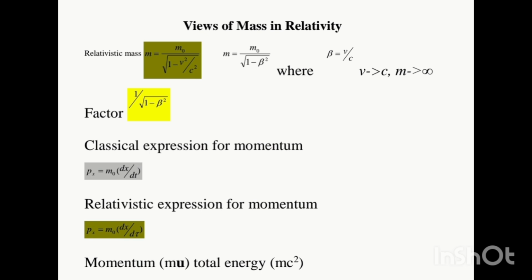We can simply replace m_0 in every classical formula by m to obtain a correct relativistic formula. As u tends to c, m tends to infinity in the relativistic mass formulation, and this gives a plausible explanation for the limiting speed c that a body can acquire. Its inertia increases with velocity, making it harder to increase the velocity further.